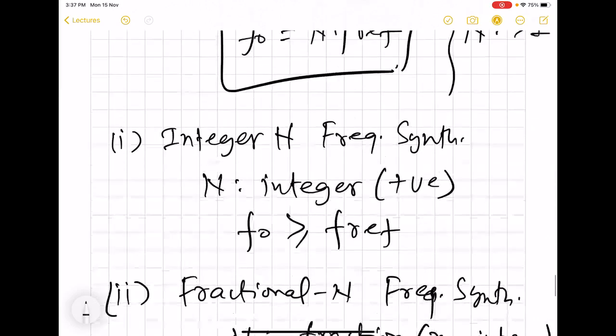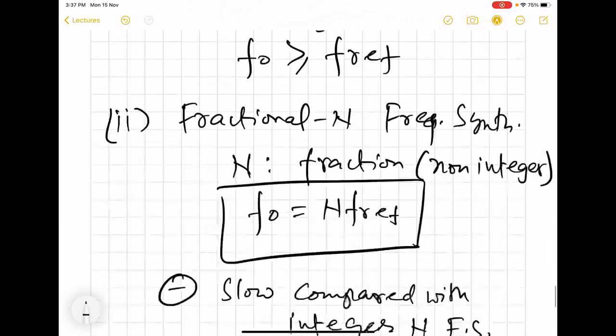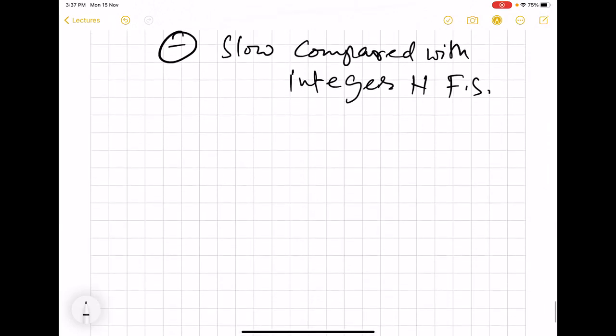So now we are going to see the internal architecture of this IDFS. The most popular way of implementing this IDFS is PLL based.